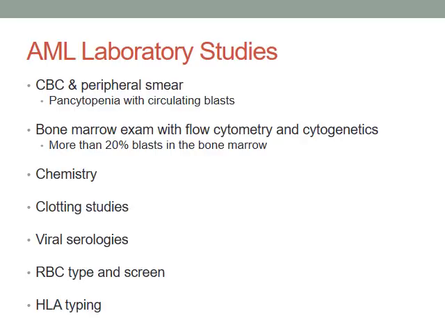This is because the machine that does the CBC cannot distinguish blasts from normal white blood cells. So the provider will need to follow up on the leukocytosis finding with either a peripheral smear and also possibly a manual differential. Bone marrow exams for patients with AML are very crucial. They're critical for getting the proper diagnosis and staging of disease.